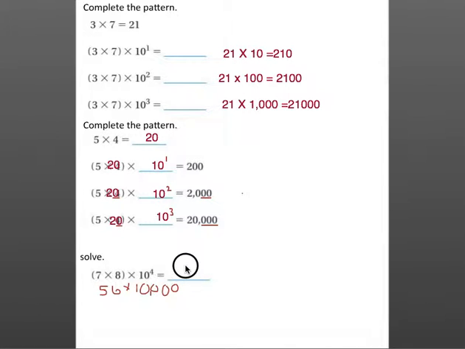So I'm going to write my 56, and I'm just going to add 4 zeros, because using mental math, 56 times 1 is 56, and then add my 4 zeros. So 56 times 10,000 equals 560,000. So that is using our place value and mental math to help us solve these types of problems.